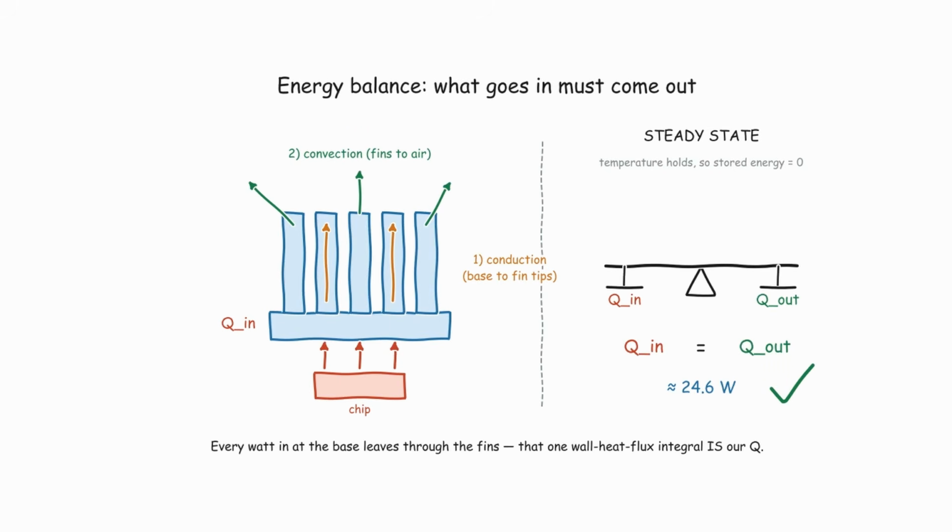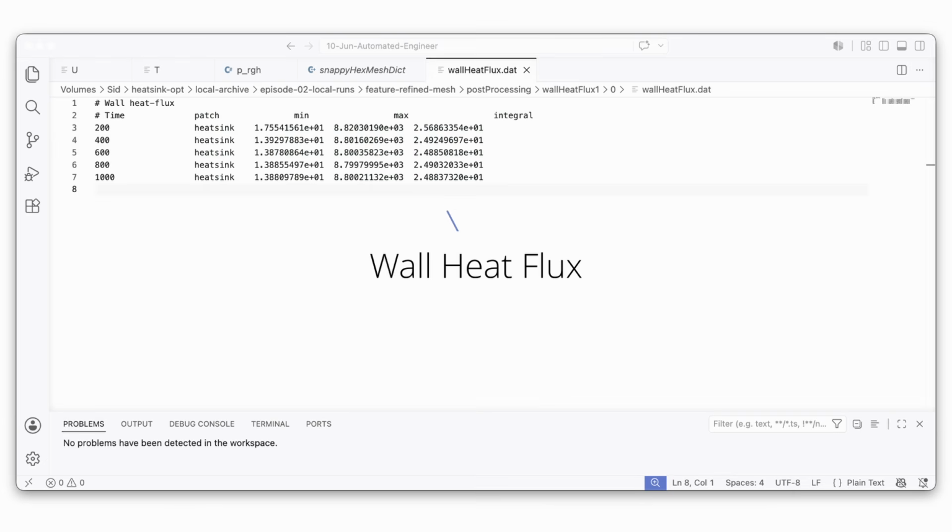The surface sits 50 Kelvin hotter than the air, and Newton's law of cooling says the heat carried off each patch of surface is just that temperature gap times how well the moving air sweeps heat away. Add it up over the whole fin area, about 150 square centimeters, with an effective heat transfer coefficient around 30 from the 3 meters per second flow, and you land right on 24.5 watts, exactly what the solver computed.